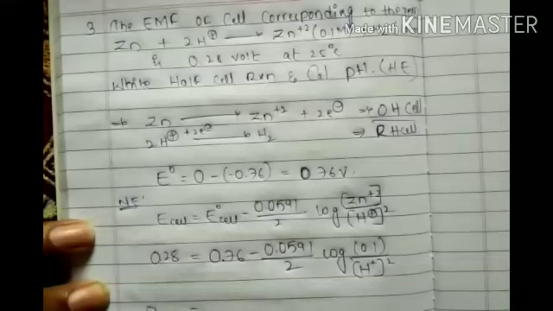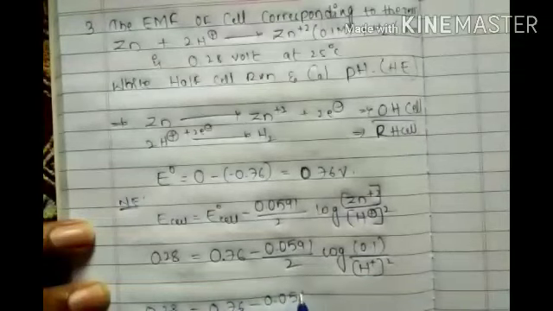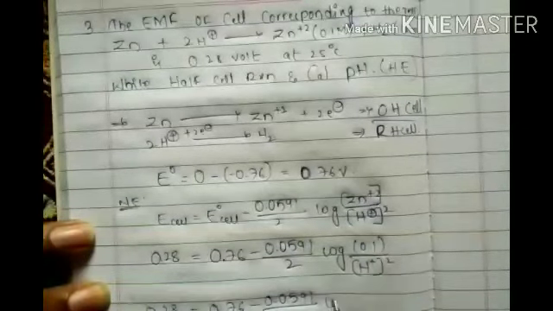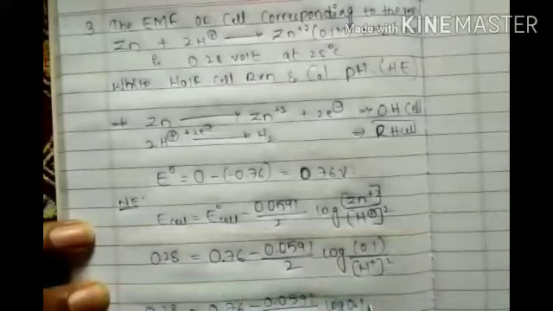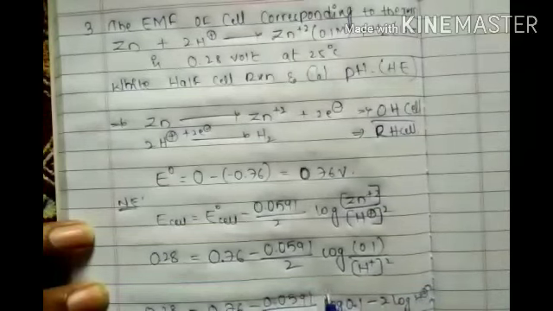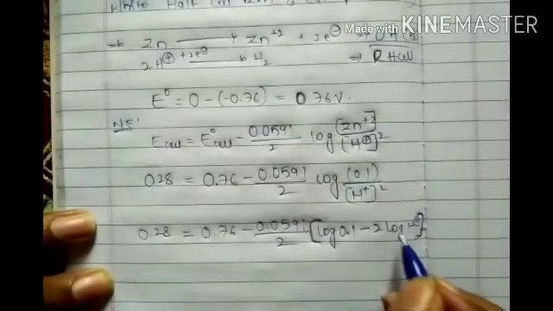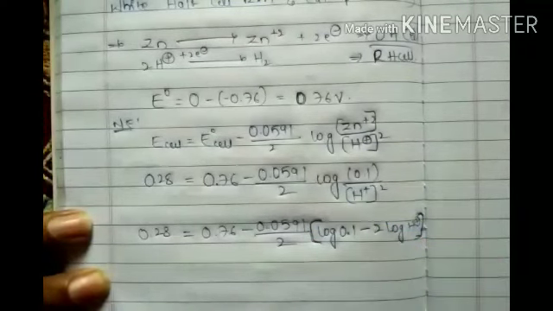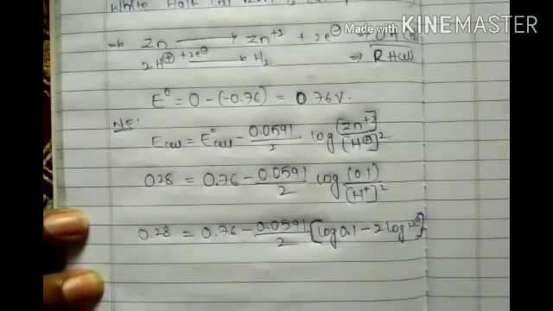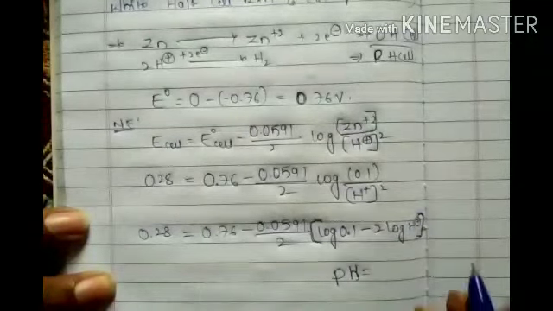Okay. How can we write this? It is 0.28 equals 0.76 minus 0.0591 by 2 log 0.1 minus 2 log H plus. This is the way of writing. Logarithm we have to write like this: log 0.1 minus 2 log H plus, 2 is coming in front. Now pH means what?